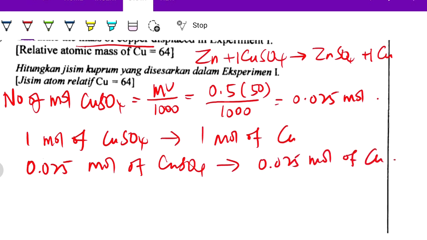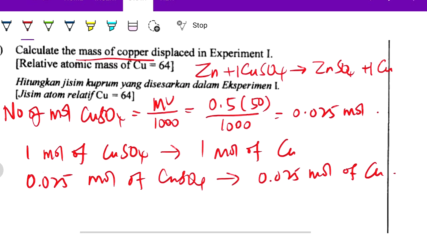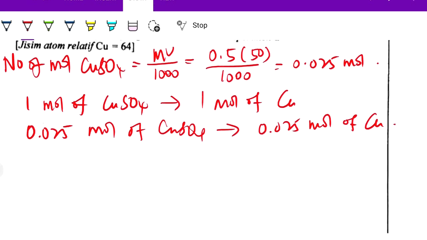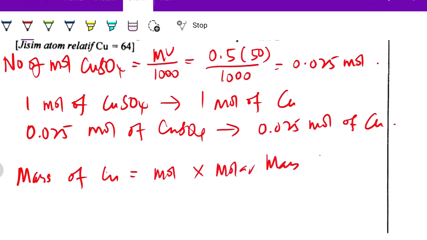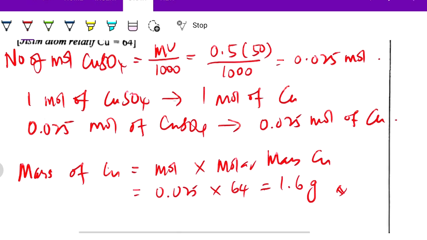After that we can calculate the mass. The mass of copper is mole times molar mass of Cu. So mole is 0.025 times molar mass 64, and you will get 1.6 gram of copper in the reaction here.